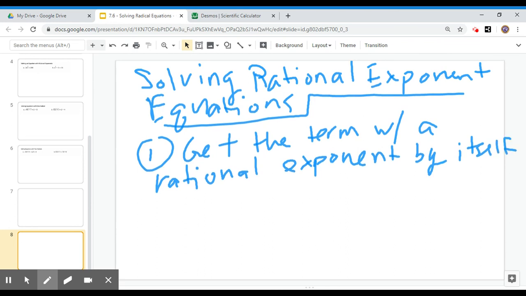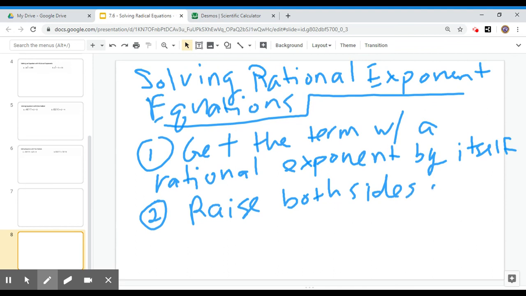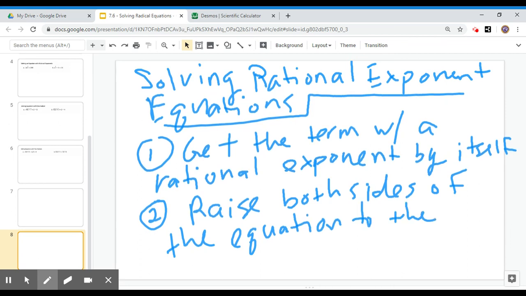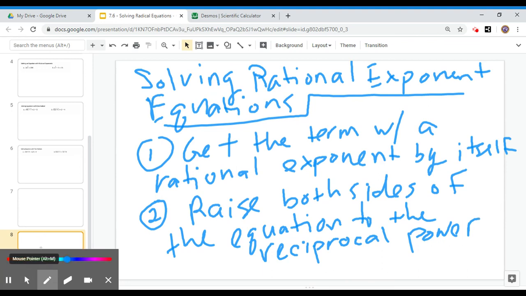And then once that's by itself, we raise both sides of the equation to the reciprocal power. And that cancels out the rational exponent. And then of course you just solve for x after that.